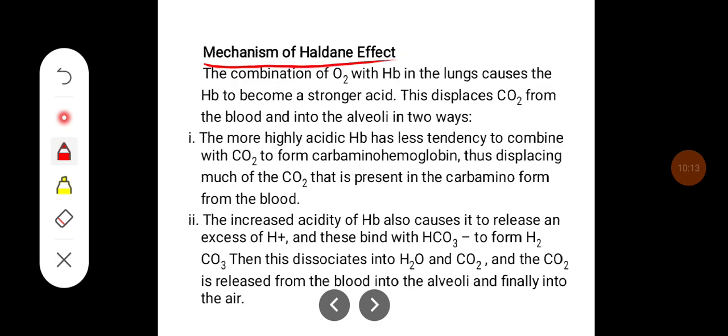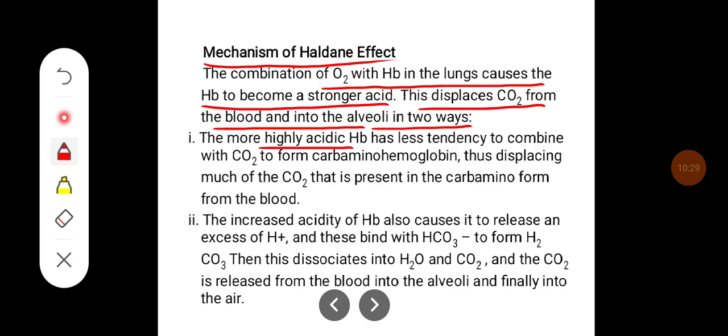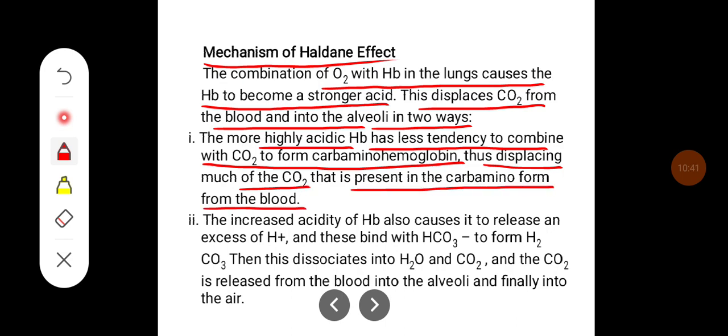Mechanism of the Haldane effect. The combination of oxygen with hemoglobin in the lungs causes the hemoglobin to be a stronger acid, and this displaces the carbon dioxide from the blood into the alveoli in two ways. One is that the more highly acidic Hb has a lesser tendency to combine with carbon dioxide to form carbaminohemoglobin, thus displacing much of the carbon dioxide that is present in the carbamino form in the blood.